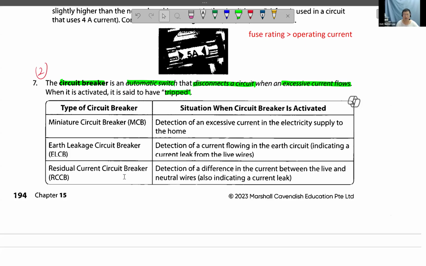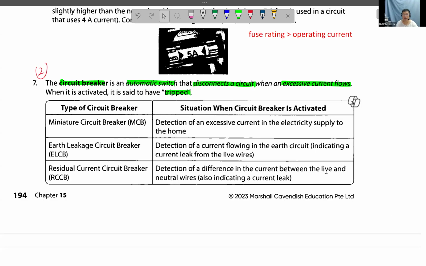Or the residual current circuit breaker. It detects the difference in the current between the live and the neutral. Basically, what flows through the live will go to neutral, and whatever flows through the neutral will go to the live, so it's like alternating current. If the current in the live and the neutral are different, what does it mean? Something must have gone somewhere, it could have gone to the earth.